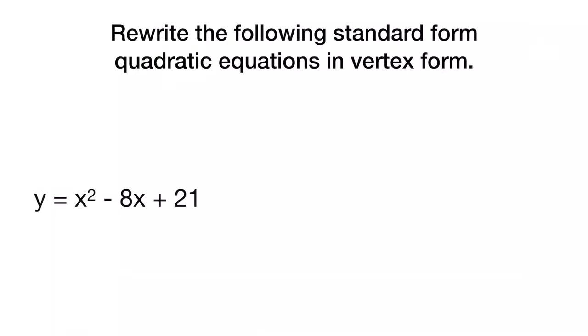Now let's try this one right here. In this case, remember I do -8 divided by 2 times, and in this case, our a value is just 1. So that becomes 8 divided by 2, which means our vertex, in this case, starts out at 4.